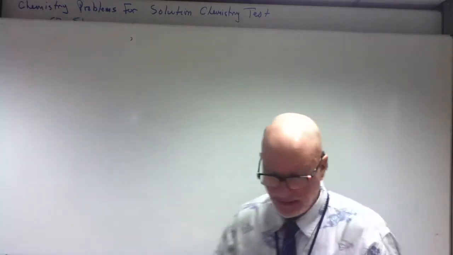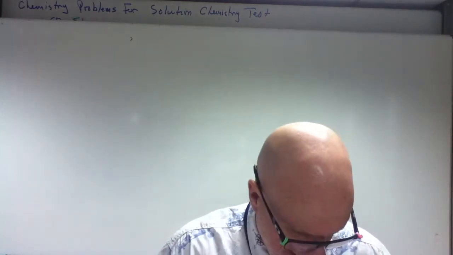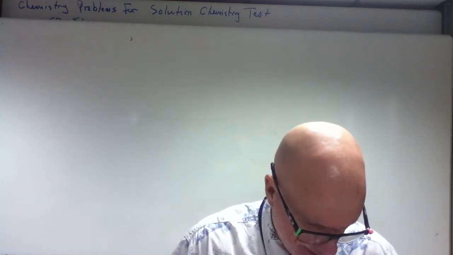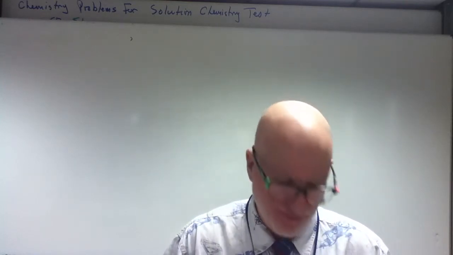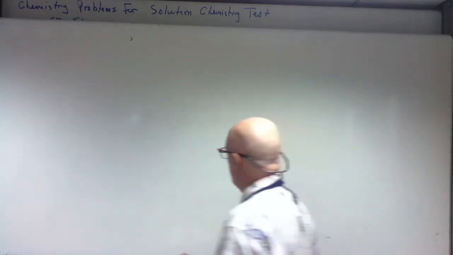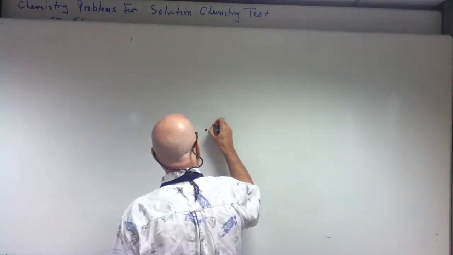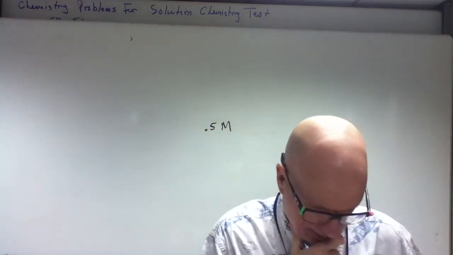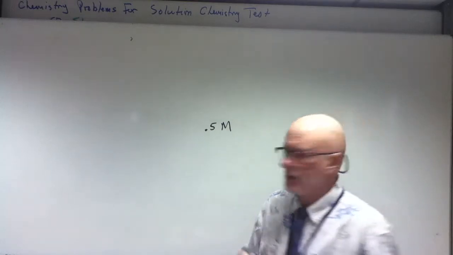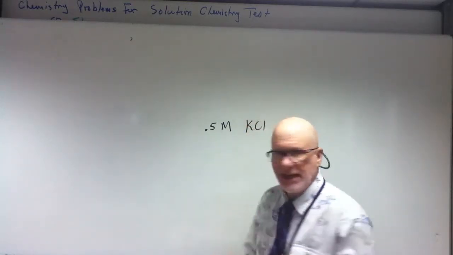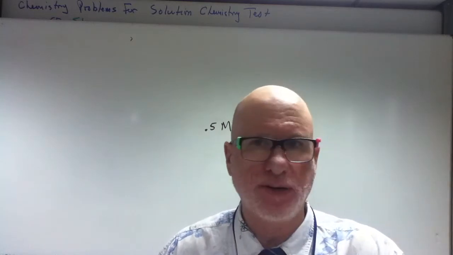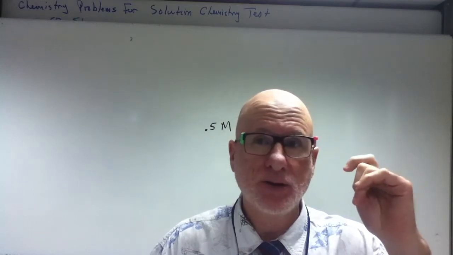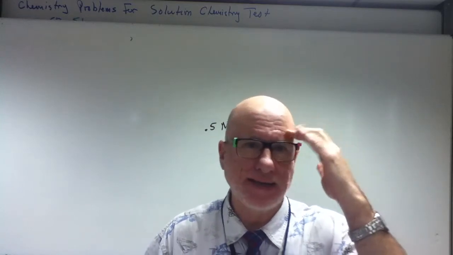All right, it says, how many milliliters, so we're going to get the milliliters thing, right? How many milliliters of 0.5 molar, so let's write that down right away. 0.5 molar KCl, let's get the compound down, that's also going to be important, because if you've got to do moles or anything like that, you want to put the molecular weight down right away.